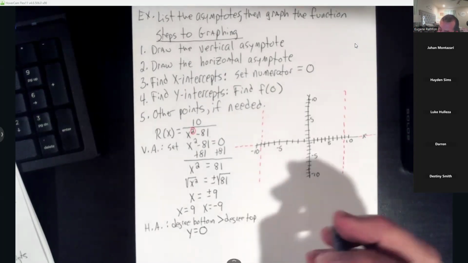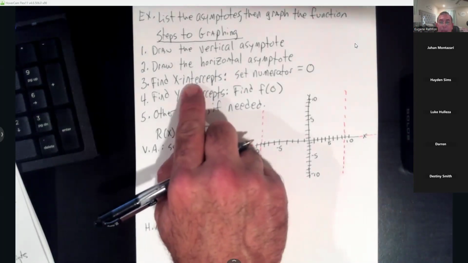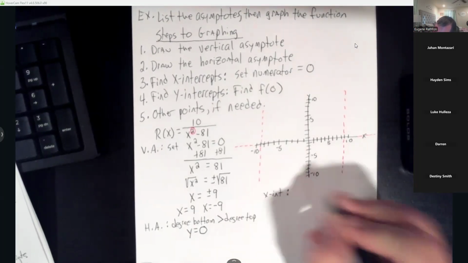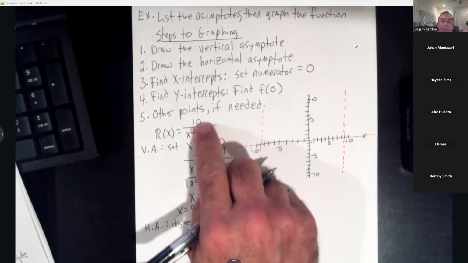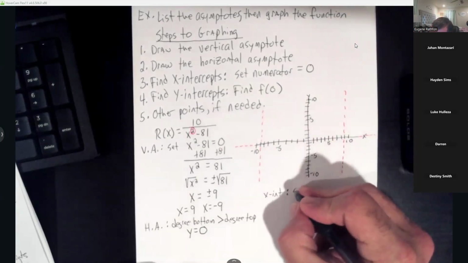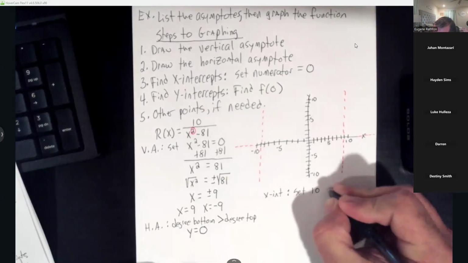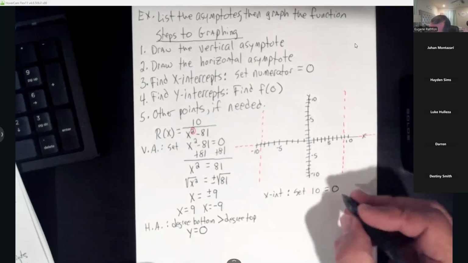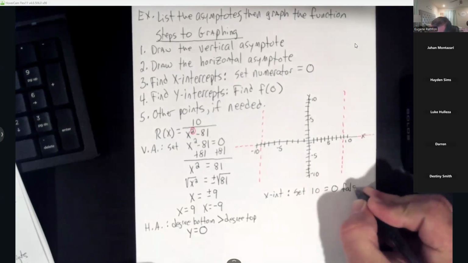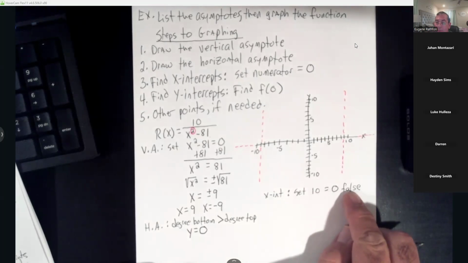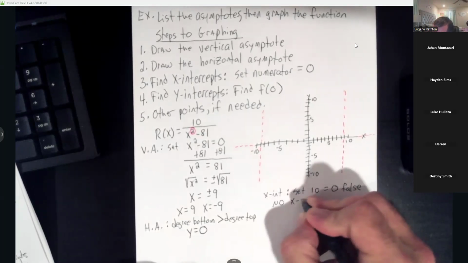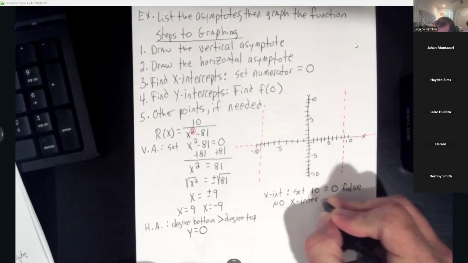All right, y'all. So next, I would try to find my x-intercepts. To find my x-intercept, I would set the numerator equal to 0. Well, that's just 10. Well, y'all, that don't even have a variable. So this is a false statement. Since that is a false statement, that means that there are no x-intercepts.